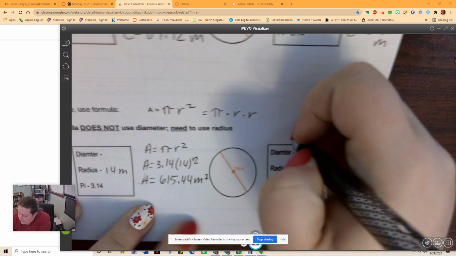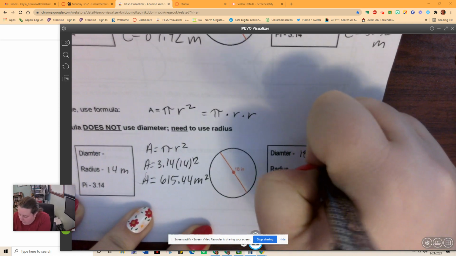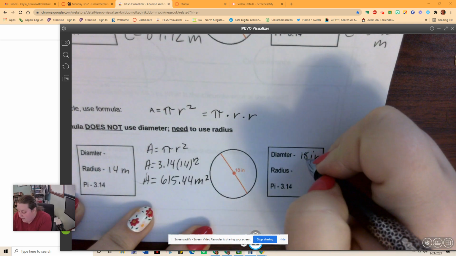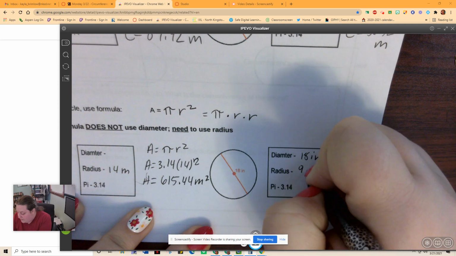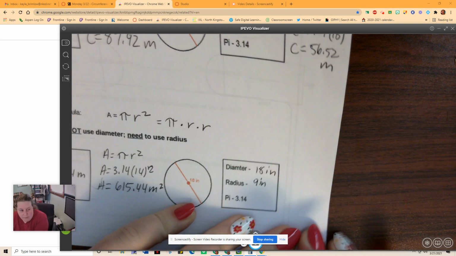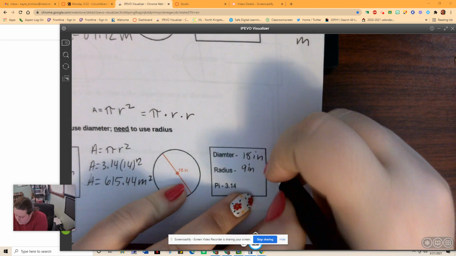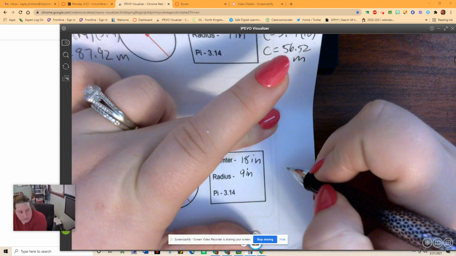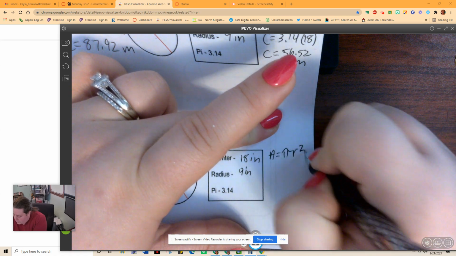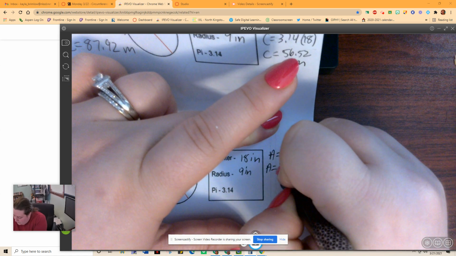Okay. All right, in this next problem, they gave us diameter. However, we can't use diameter. We have to use the radius. So to find the radius, I take half the distance, which would be 9 inches. So now area equals pi r squared.